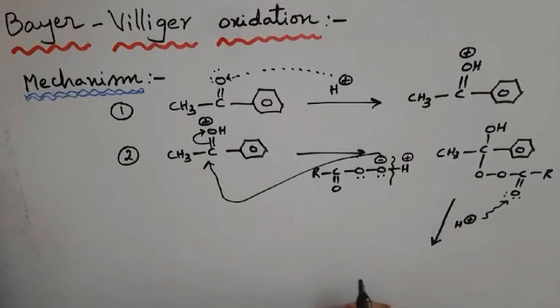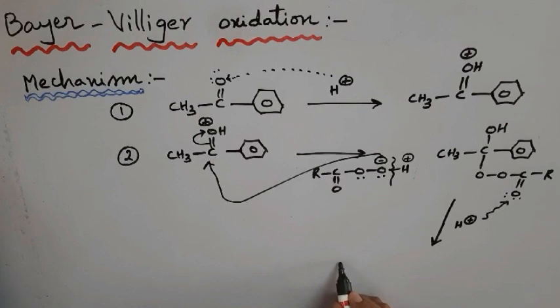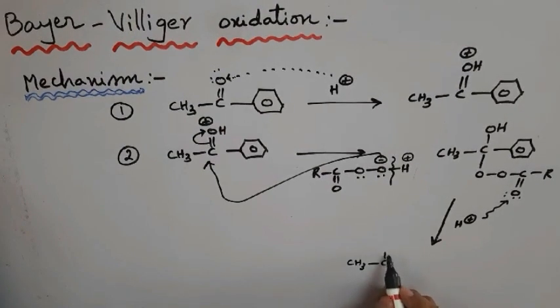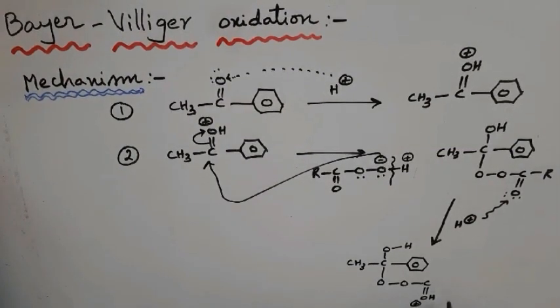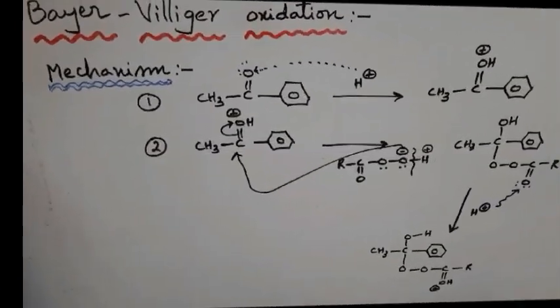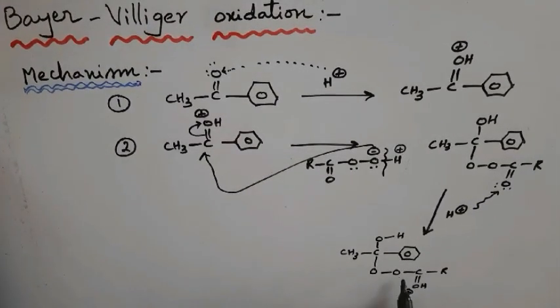As a result, I get this compound: CH3, C, OH, phenyl group, O, C double bond OH plus, and then R. That's it. Now what happens?